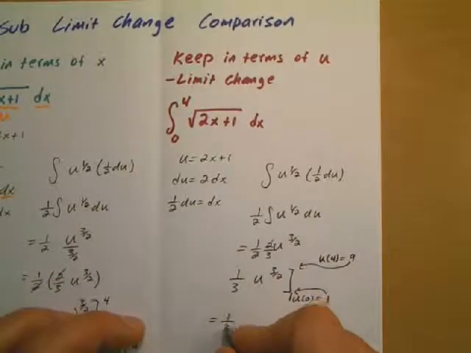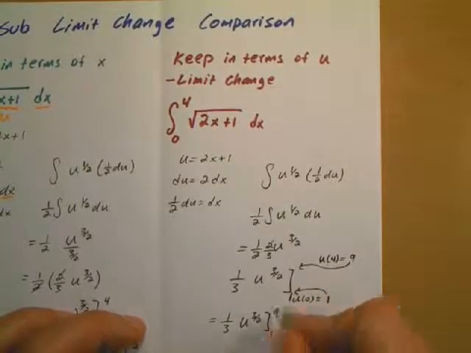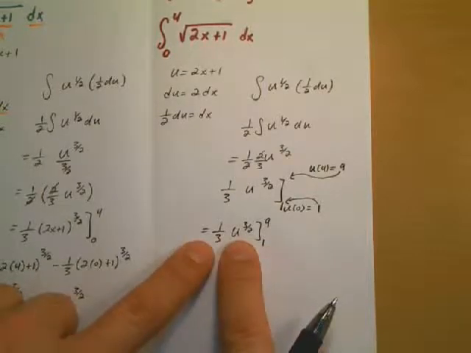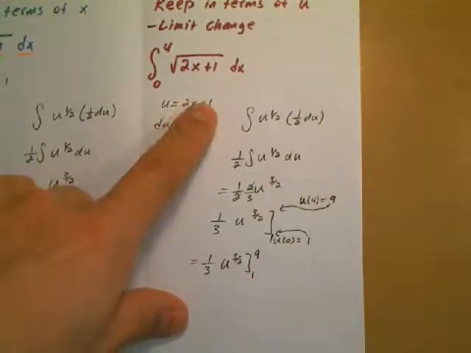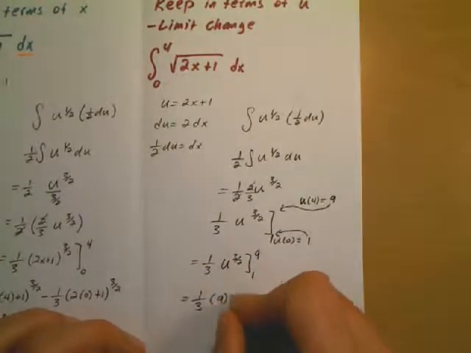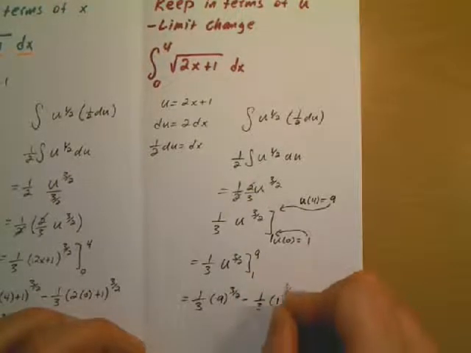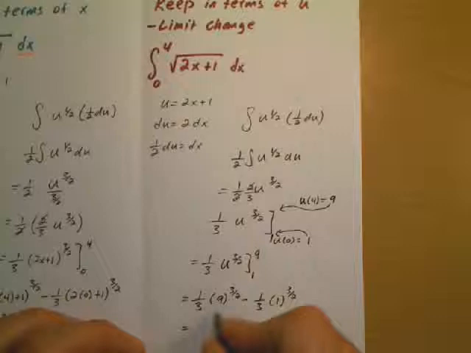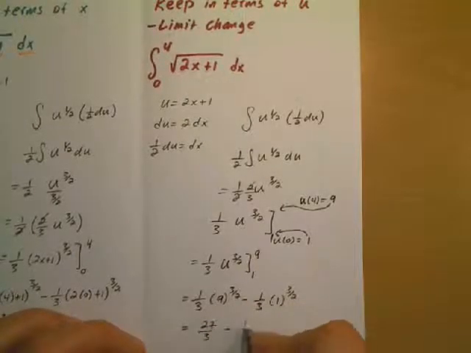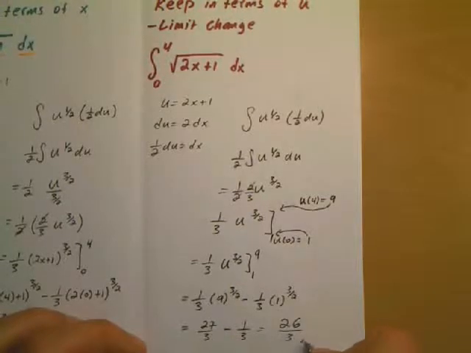So really what I have to simplify is 1 over 3 u to the 3 over 2, going from 1 to 9. If I change my limits, I stay in terms of u. I don't go back to what x is equal to. Because now when I evaluate this, it's going to be 9 to the 3 over 2 minus 1 over 3. This simplifies to the square root of 9 to the third power, which is 27 over 3, minus 1 over 3, which is 26 over 3.